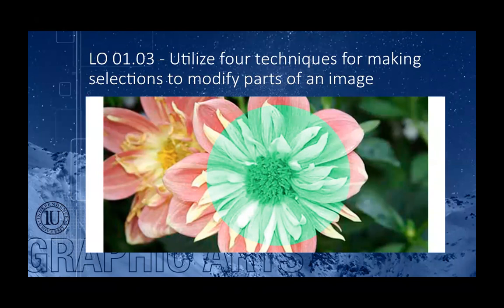We've learned the magic wand tool, the lasso tools, so the standard lasso tool, the polygon lasso tool, and the magnetic lasso tool. We have also learned how to make a selection using the pen tool and using the custom shape tool. And we've learned how to make a selection using the quick mask tool, which is where you're painting in the red and then you're turning that red into a selection.